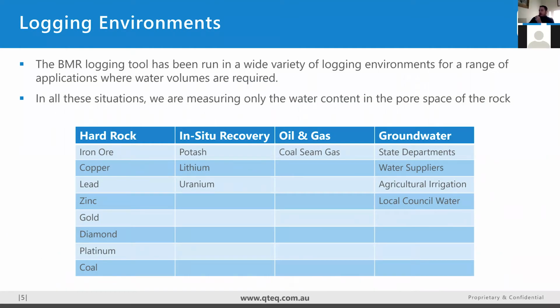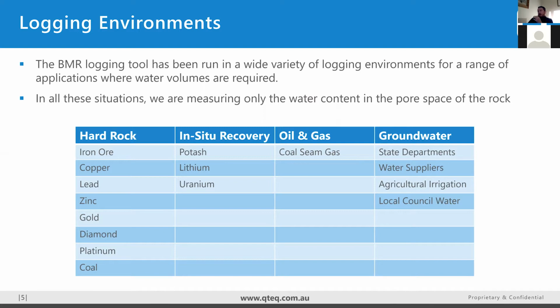As I mentioned before the meeting started, this technology came from the oil and gas industry in the 70s, because they wanted to work out how much oil was in their reserves, in the ground, in the rock matrix.